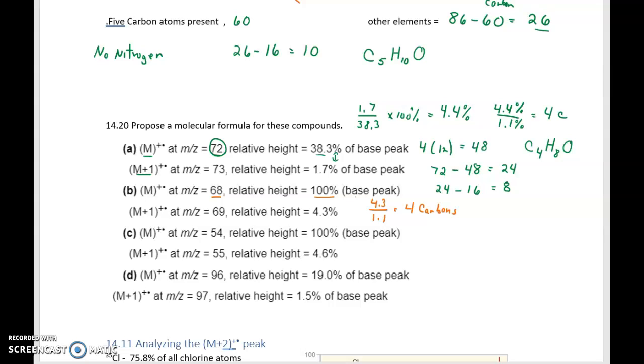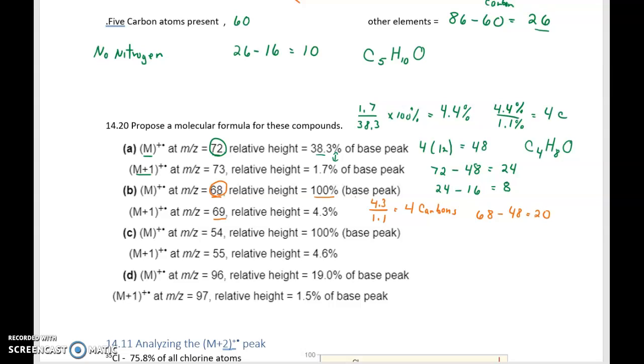And we're going to want to do the same kind of rationale we did before. We're starting with a molecular weight up here, 68. So we'll take 68 and we'll subtract off the mass of the carbon, which was 48, and that leaves us with 20.